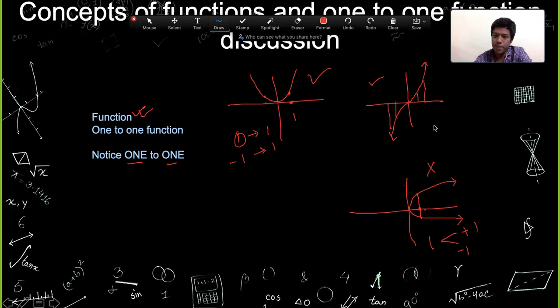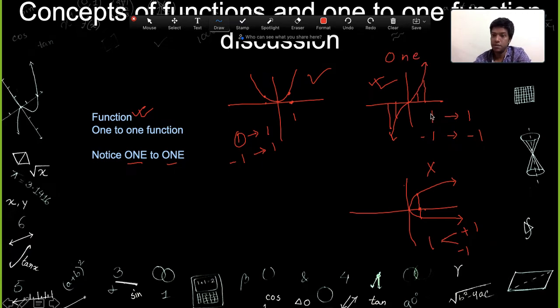Okay, but if you look at this kind of graph, for 1 you get 1, for minus 1 in this graph you get minus 1. So you see, they are different in this case. For one-to-one function, you will see this kind of scenario. This is an example of one-to-one function. 1, 2, 1.